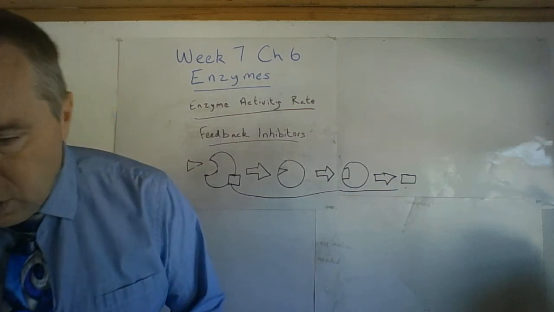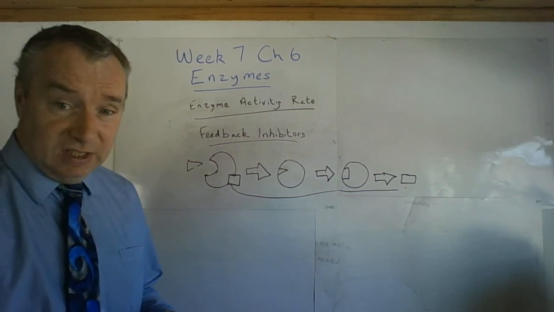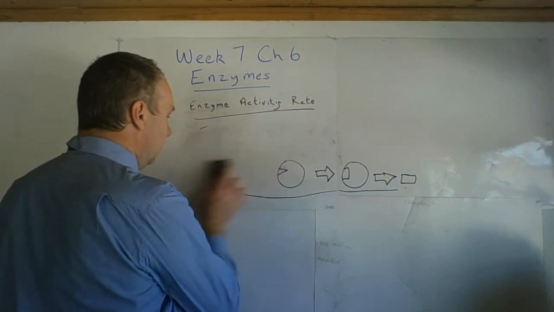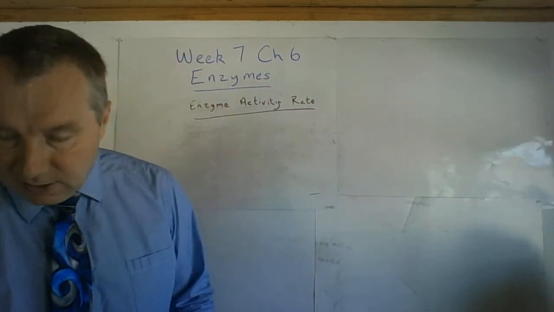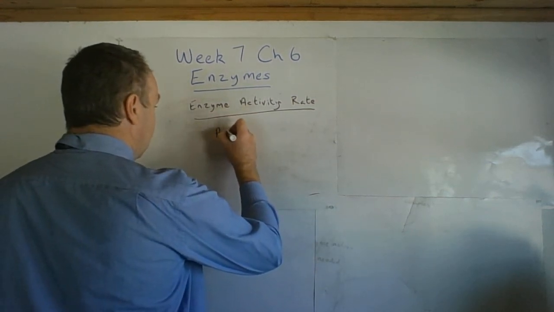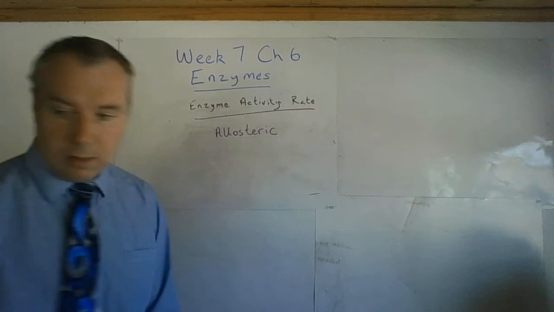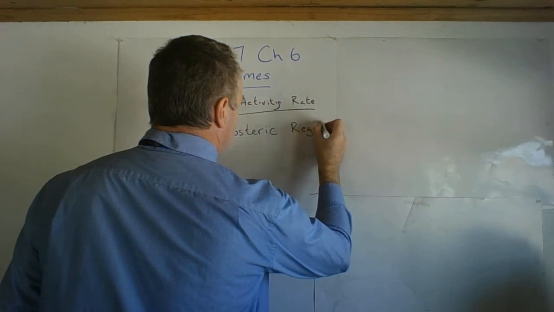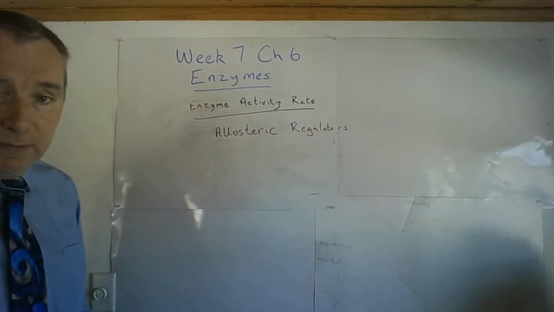We also have a thing called allosteric inhibition, or allosteric regulators, and that is inhibition and activation. And again, allosteric relates to shape. They're called regulators because they change the rate of the enzyme activity.